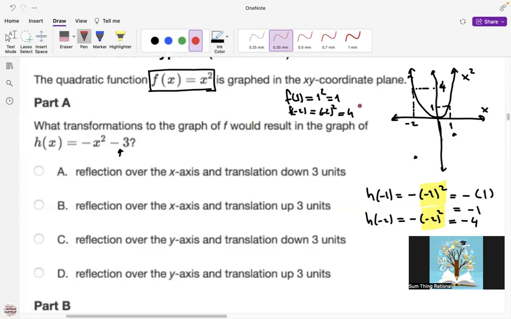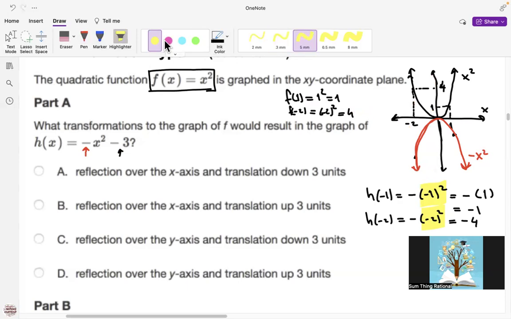What I mean to say is that the graph of negative x squared is facing down, since there is a negative sign in front of it. You might know from algebra classes, this is the positive x squared graph, this is the negative x squared graph, facing down, as if the x-axis is behaving like a mirror. Because of that, we call this kind of transformation a reflection over the x-axis.